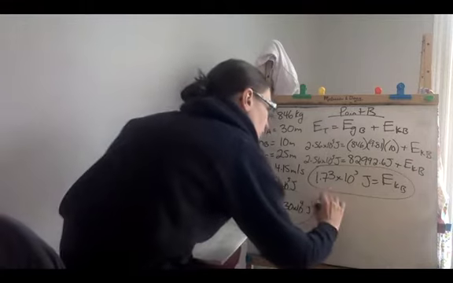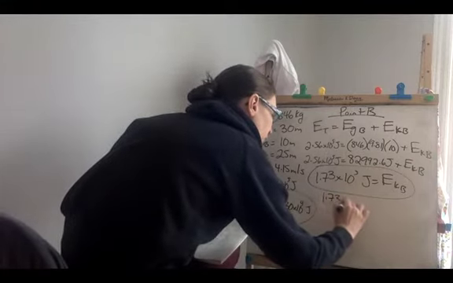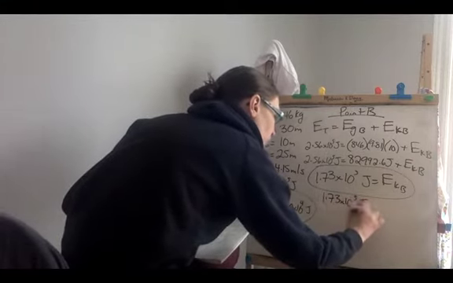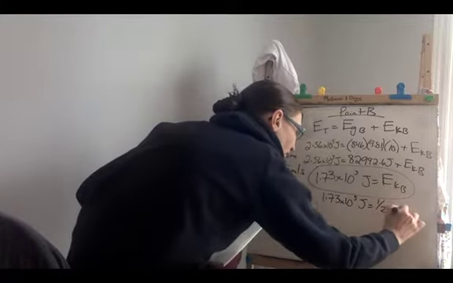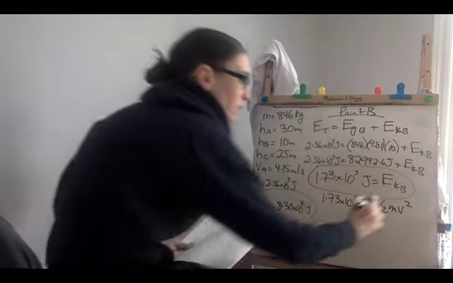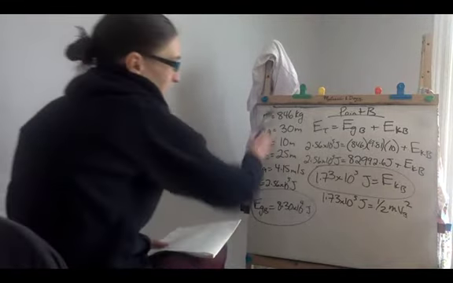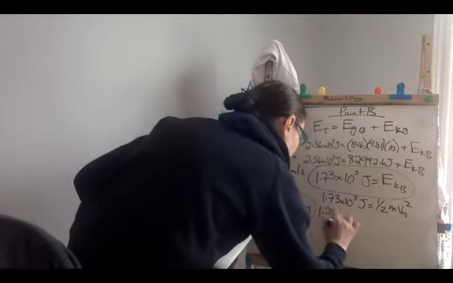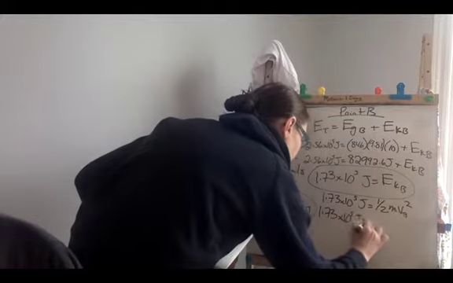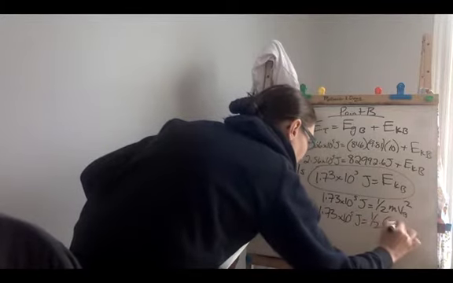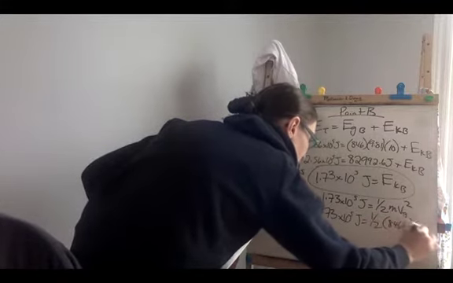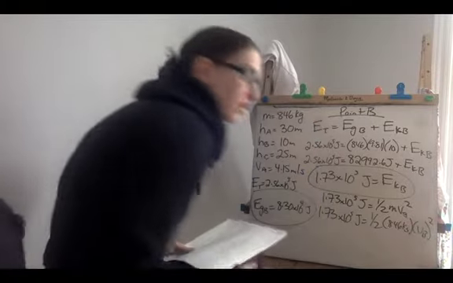So this value here of 1.73 times 10 to the 5 joules is equal to 1/2 mv squared, right? And that's velocity at B. I know my mass is 846, so 1.73 times 10 to the 5 joules is equal to 1/2 times 846 kilograms times my velocity at B squared.